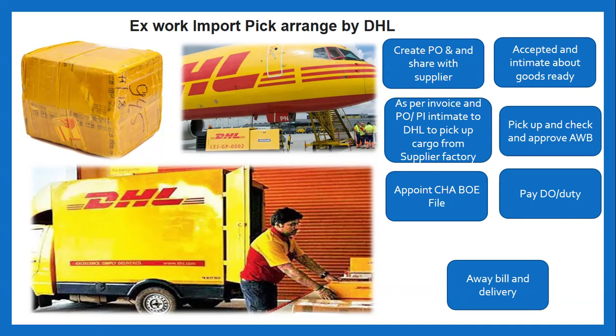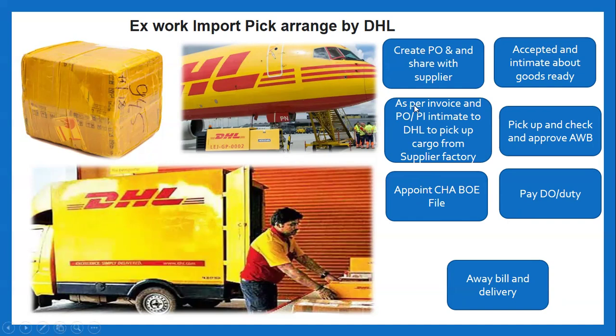After creating the purchase order, we need to wait for some time until the goods are ready to pack. Once the supplier intimates us that the goods are ready, we can arrange the pickup. So what we will do, we will prepare the pickup request to DHL.